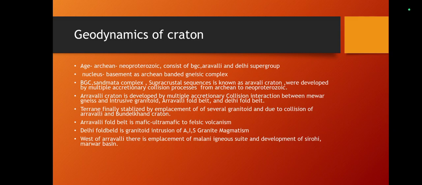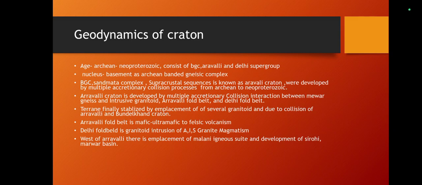As far as the composition of the Arravalli foldbelt is concerned, it is mafic, ultramafic to felsic volcanism. The Arravalli foldbelt's initial process of formation is volcanism of the nature of mafic and ultramafic to felsic.